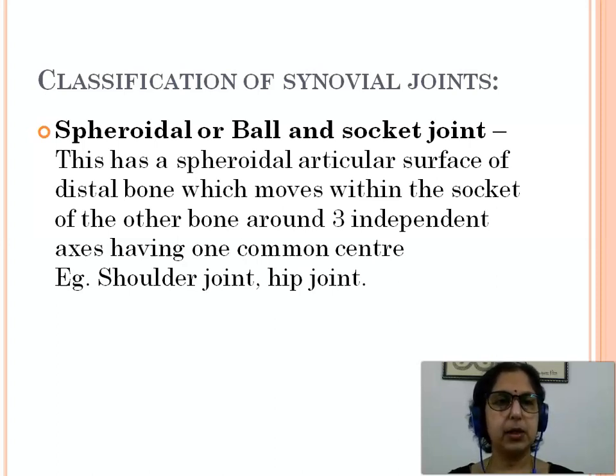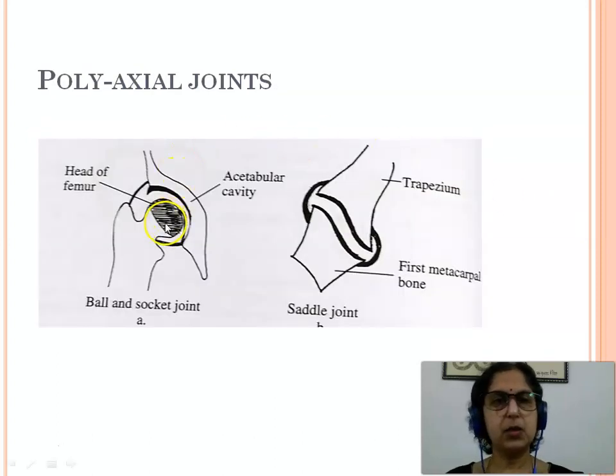So here one articular surface is like a ball which fits into the socket of the other articulating bone. Examples are the shoulder joint and hip joint. What we see here is a picture of the hip joint. The ball of the distal bone articulates with the socket of the proximal bone to form a ball and socket or spheroidal type of synovial joint.